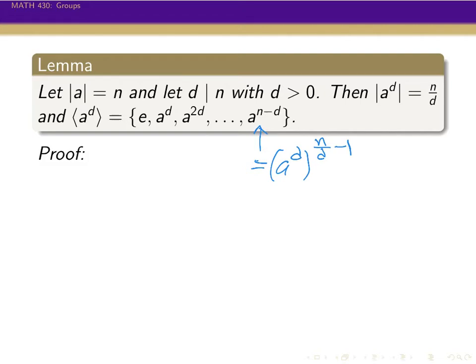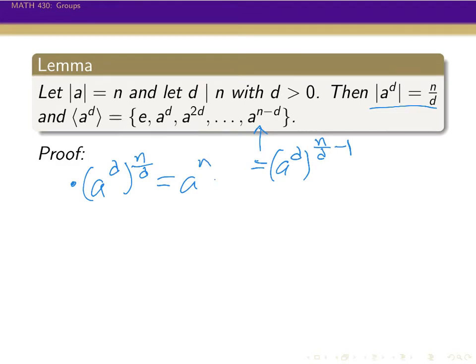First we're going to prove the first part of the statement, that the order of a to the d is n over d. We're going to prove that in two steps. First we notice that if I take a to the d and apply it to itself n over d times, how many a's do we have here?